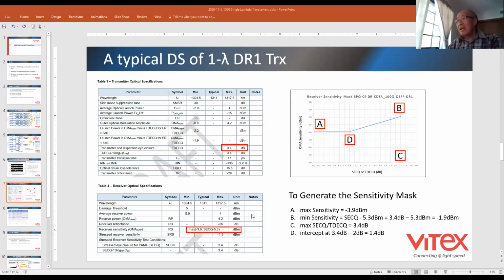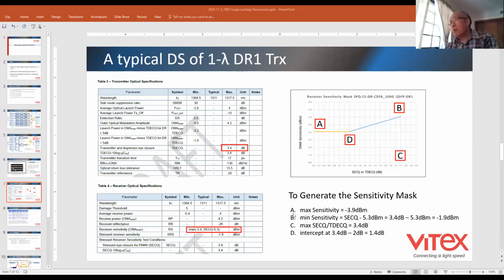I want to explore this a little bit to explain its function, so I plot it out. This curve is called a receiver sensitivity mask. So how is it plotted out? I list 4 points, and with these 4 points you are able to plot it out.